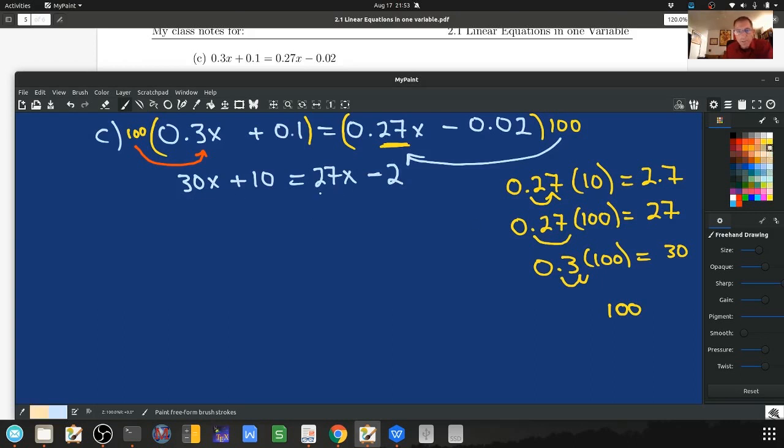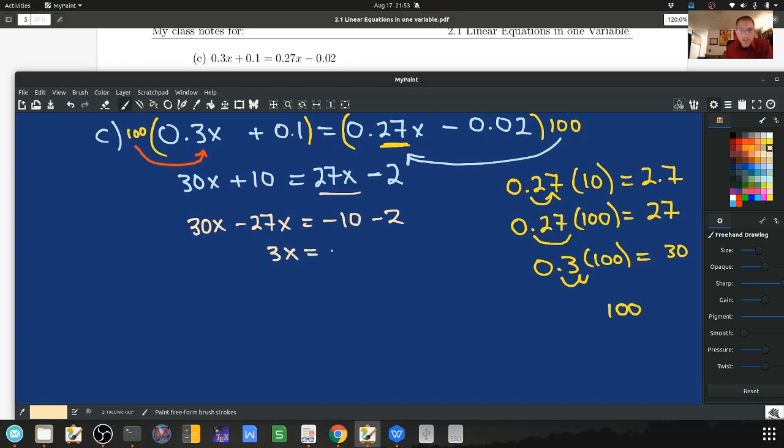So again, I'm going to move the 27x over here to get 30x minus 27x. And that means I have to move the 10 over there, and it becomes minus 10 minus 2. And 30x minus 27x is 3x.